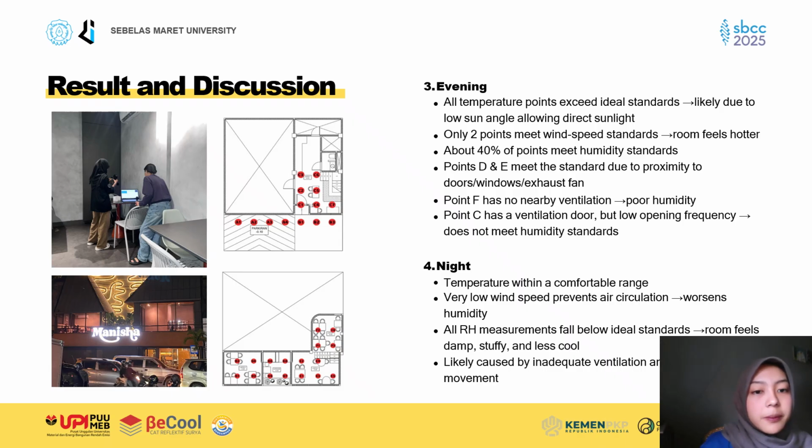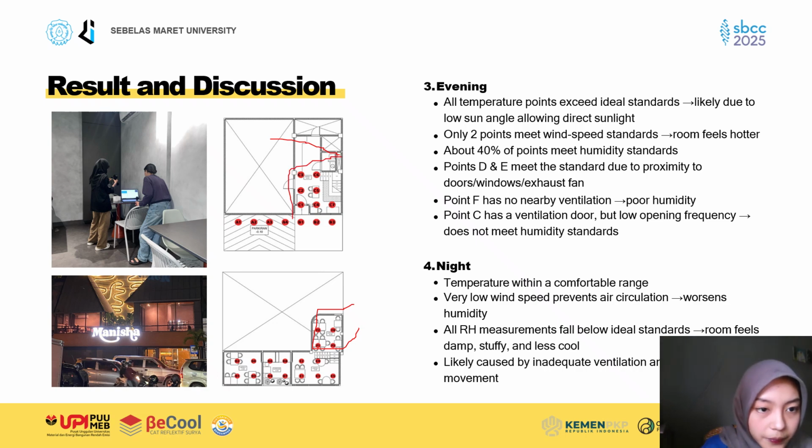Points D and A meet the standard due to proximity to the doors, windows, or exhaust fan. Point F has no nearby ventilation, so it has poor humidity. Point C has a ventilation door, but low opening frequency means it does not meet the humidity standard.